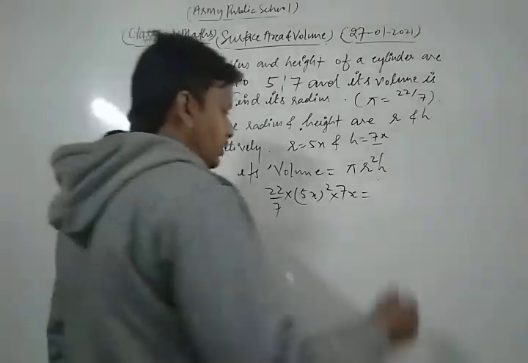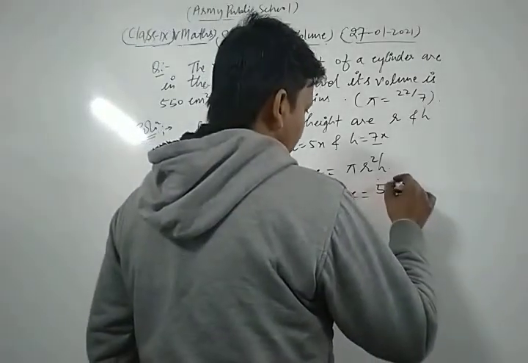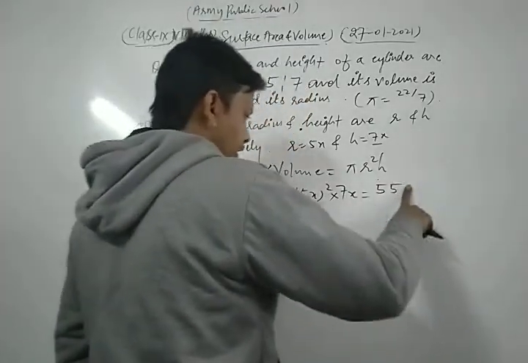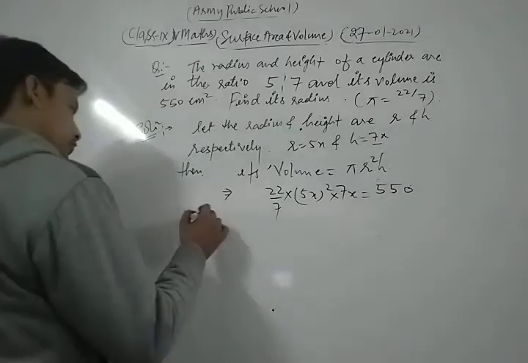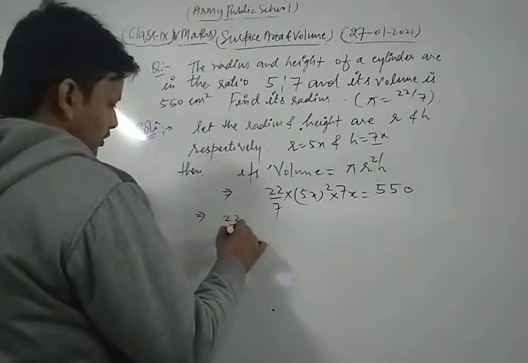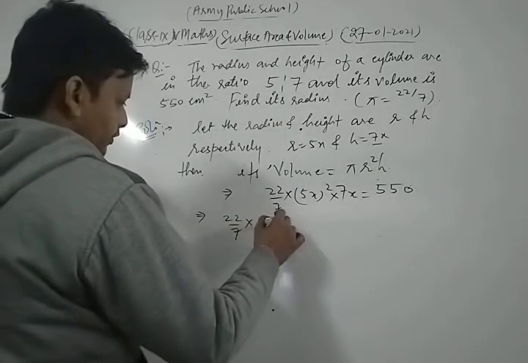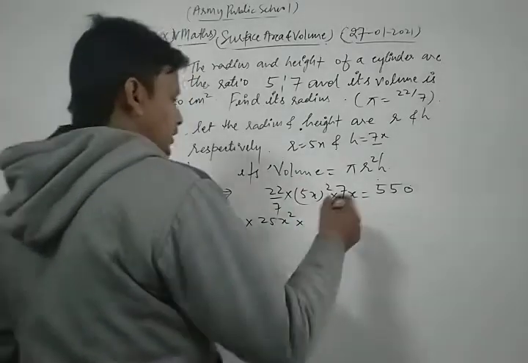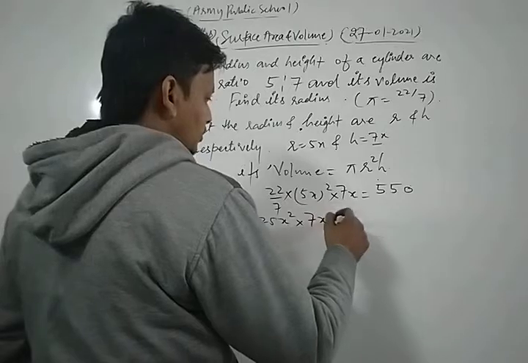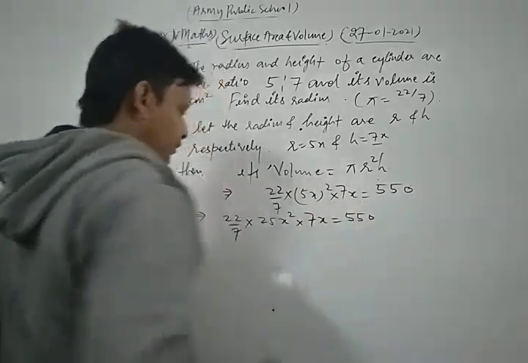Okay, so here we put 550. Now we just simplify them. So we get 22 upon 7 into 25 x square into 7x equal to 550.